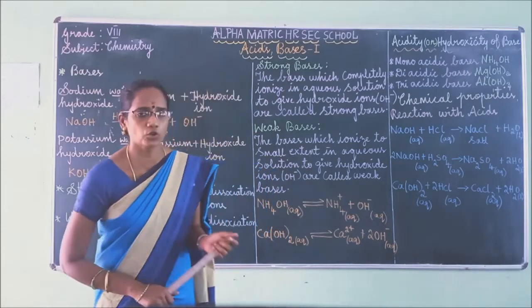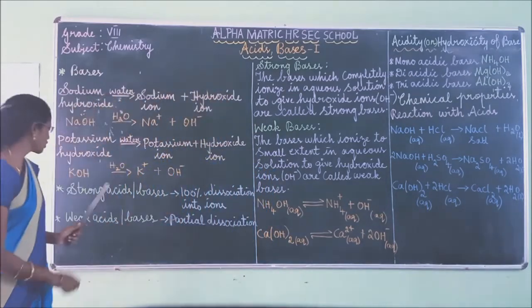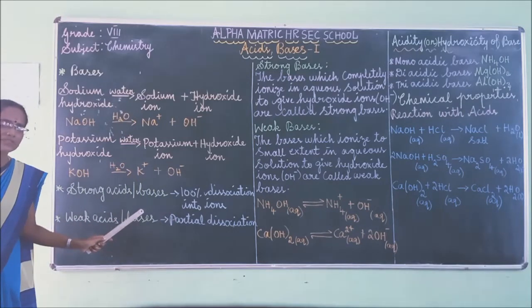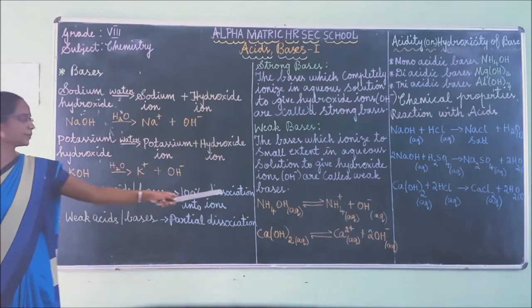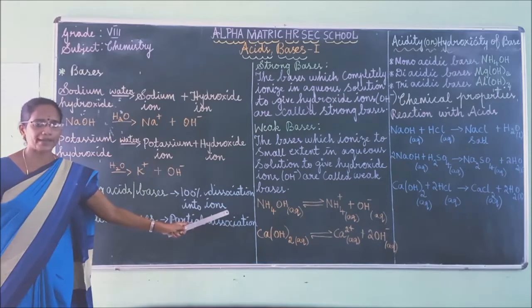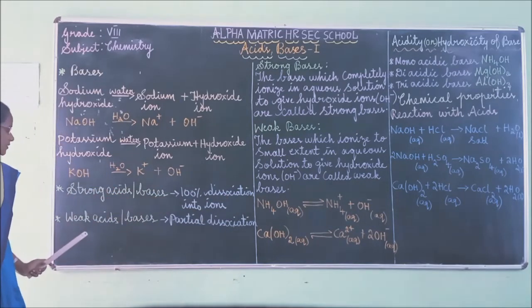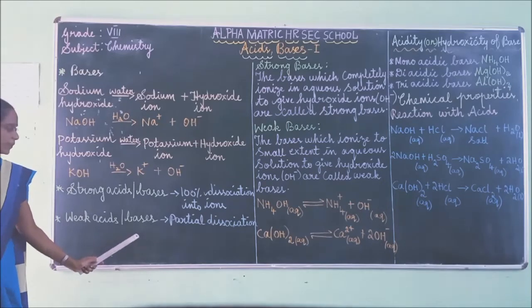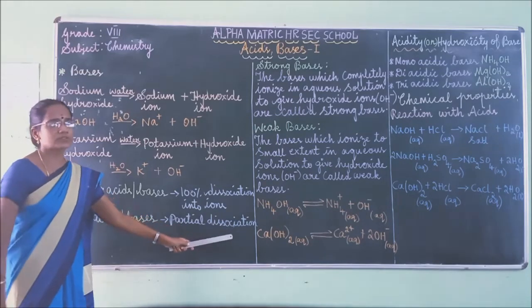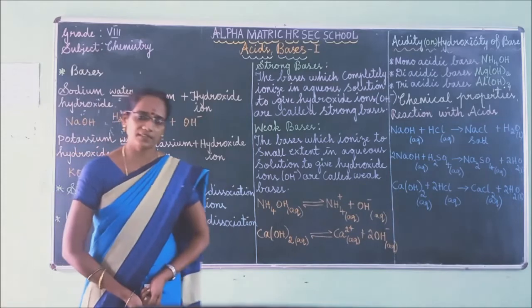So this point also you have to remember, right? Strong acids as well as strong bases are 100% dissociated into ions. Dissociation means separate into ions. Whereas weak acids as well as weak bases undergo only partial dissociation.